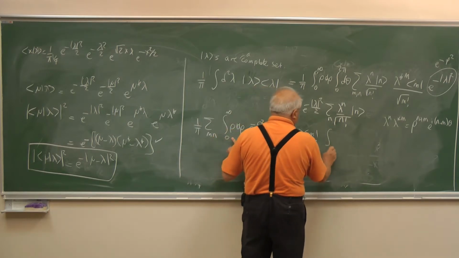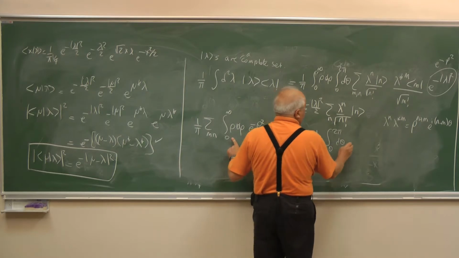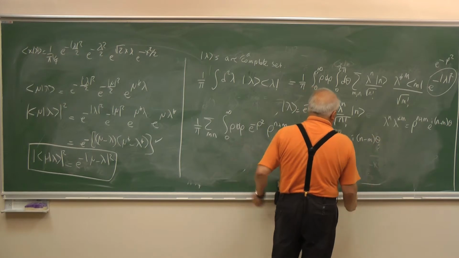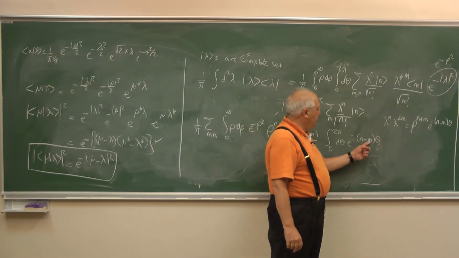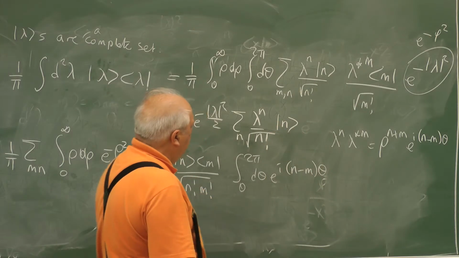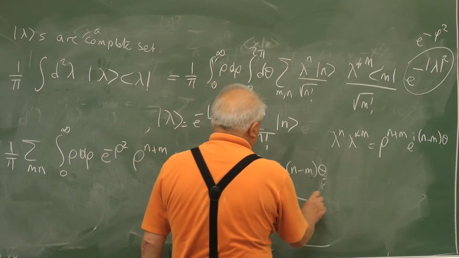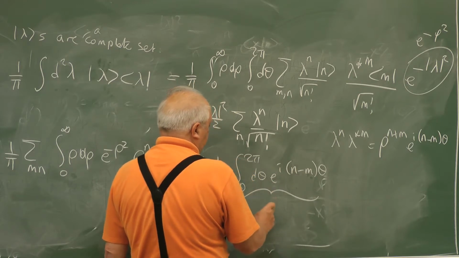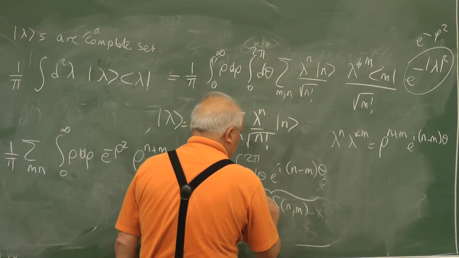Now I will put the theta integral 0 to 2 pi d theta e to the I n minus m theta. So unless n is equal to m, this integral is 0, and for n equals m, e to the I 0 is 1, so it's just 2 pi. Therefore, here we have delta n m times 2 pi.